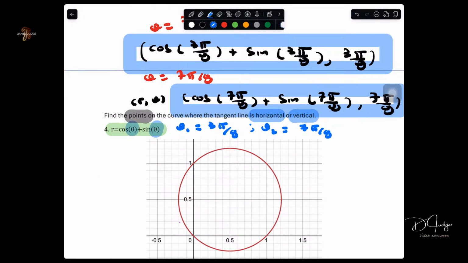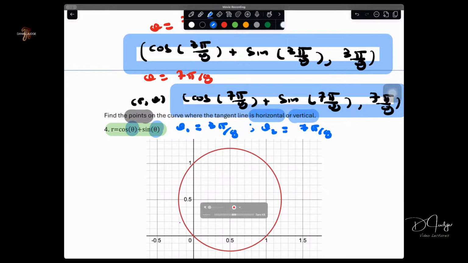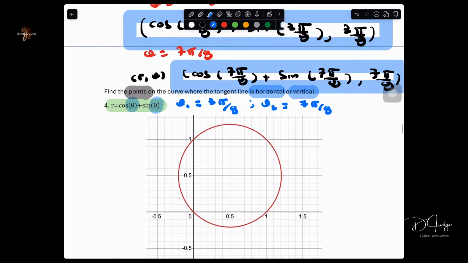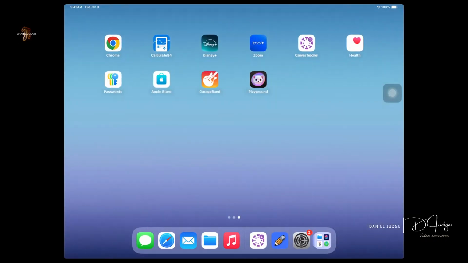Now, let's take a look really quick here. Cosine 3 pi over 8 plus sine 3 pi over 8. So here's what I want to remark here. Let me go to Desmos for you guys here.